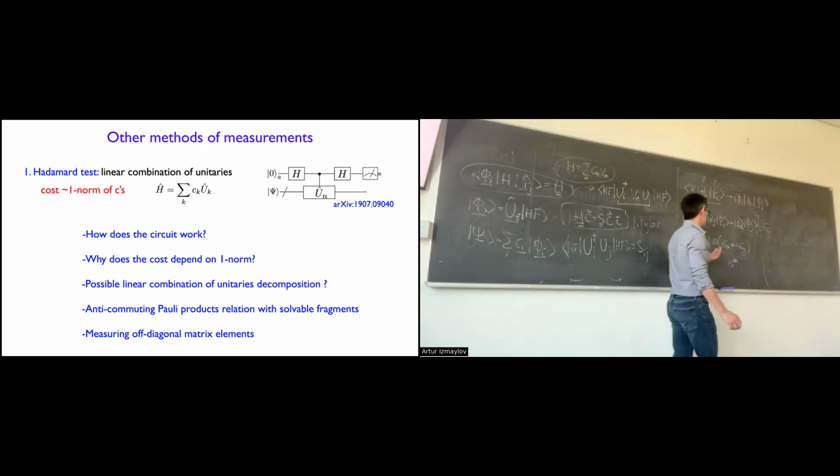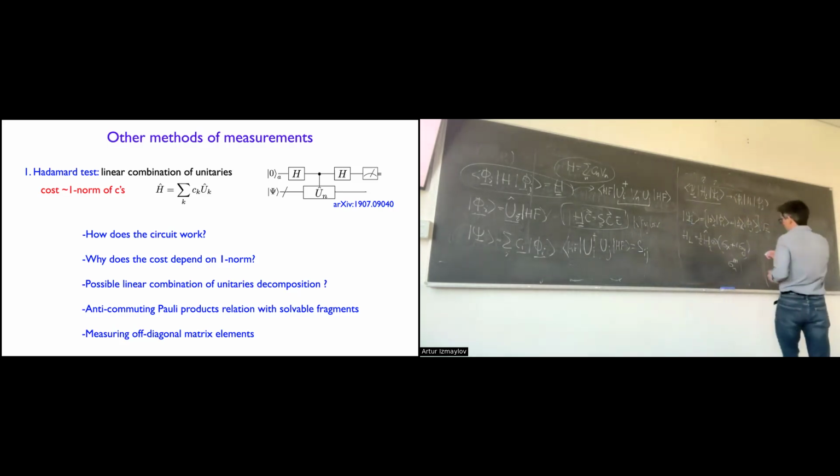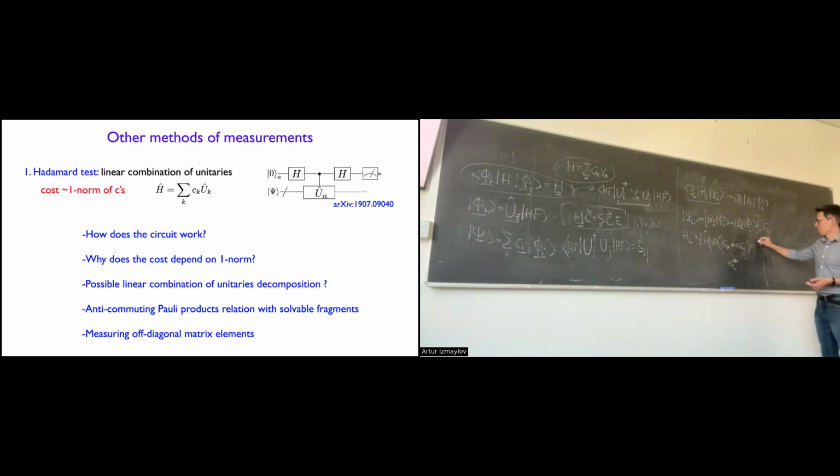And essentially what we created is an operator that is, well, this is Hermitian, right? And this one is not. So if we have a product of a Hermitian with an operator that is not, and they commute because they're acting on different qubits, this one is the ancilla, and this one is the target, then essentially we're getting an operator that is not Hermitian. But that's okay, because we could write it as a sum of two Hermitians.